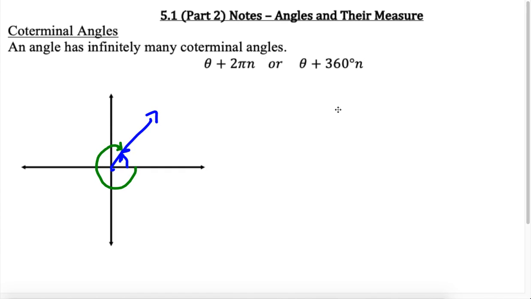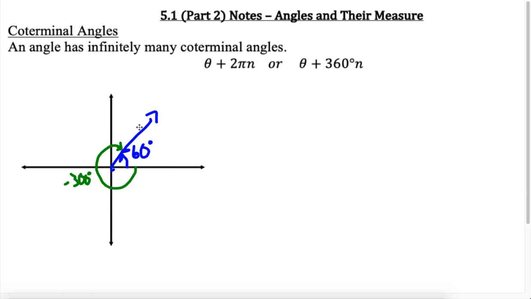So in our little formulas here, I could just add a full rotation, add 2 pi, or I could also subtract, right? Let's say that this is a 60-degree angle. Let's put some numbers on it. I could say this is 60. So if I go the opposite direction, I could say, well, 60 minus 360 would get me that this angle of negative 300 degrees is also a coterminal angle.